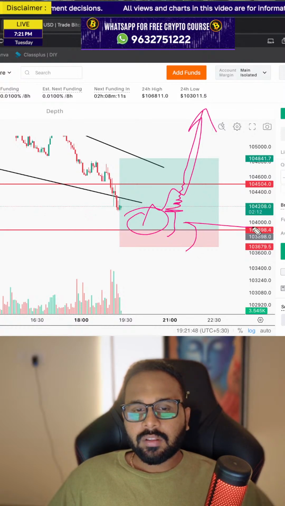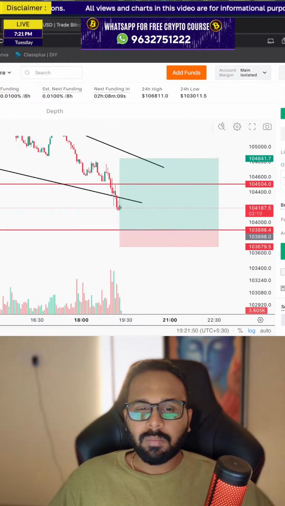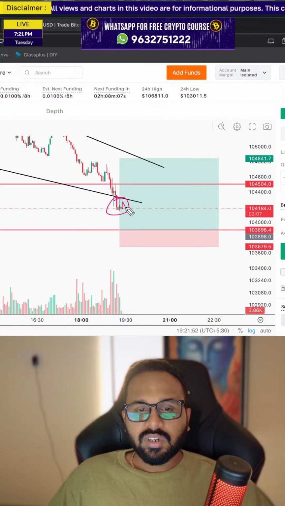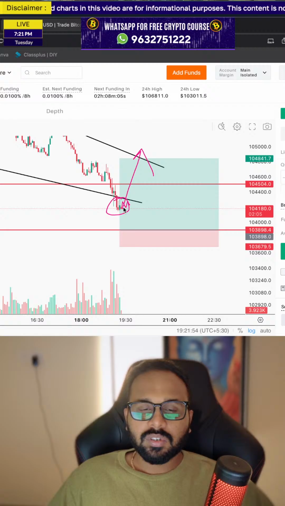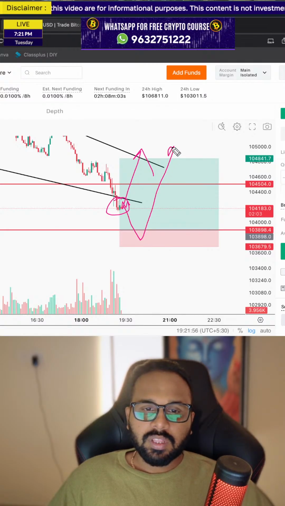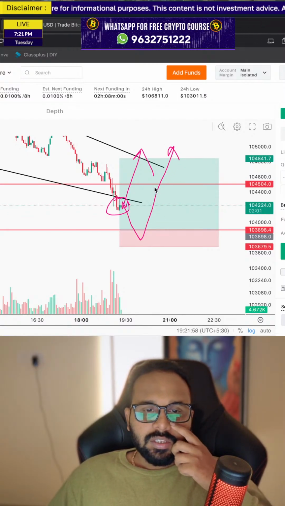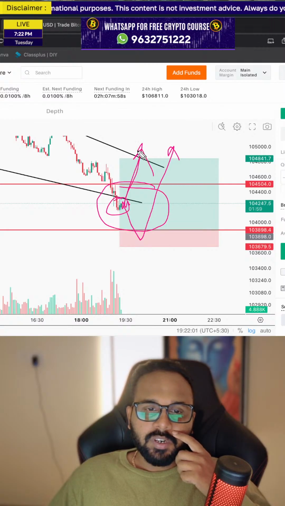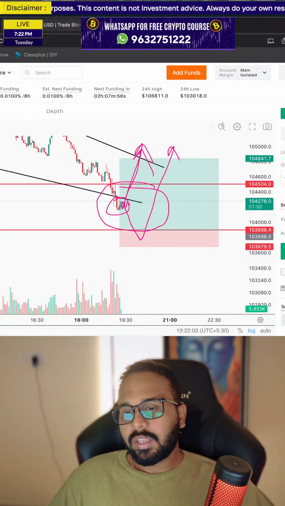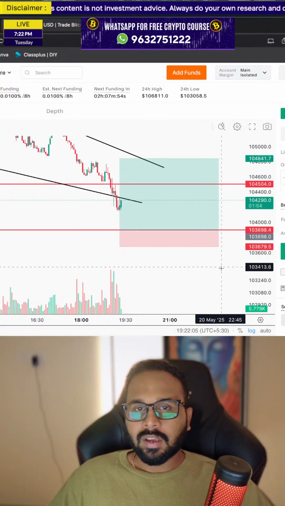So once we get the setup to cost, things will be okay. In this zone, it is 50-50. From here, it can bounce or it can come to this zone and then bounce. Until this range is holding anywhere, buying pressure can start. So I will not be taking any bearish trade in the market at the current area.